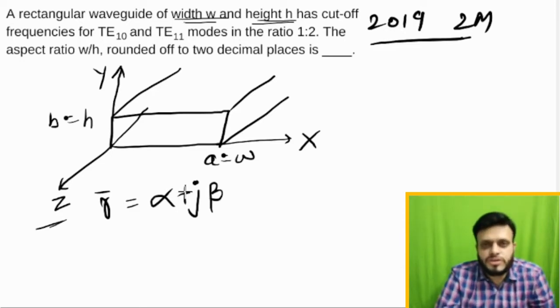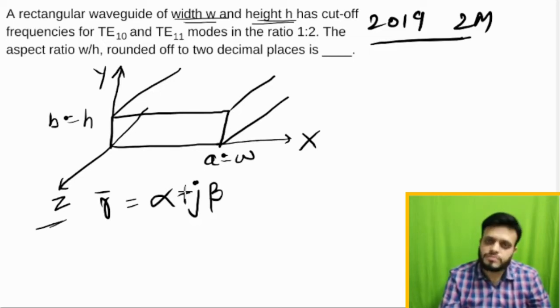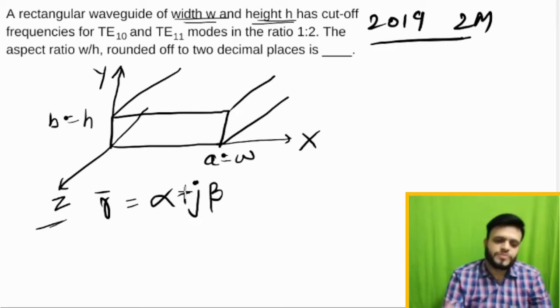Basically the propagation constant tells you how the wave is propagating, which part is getting attenuated and which part is getting propagated, how much the wave is attenuating, or whether it is attenuating or propagating at all. All these things you can extract from your propagation constant. So it is given by alpha plus j beta.